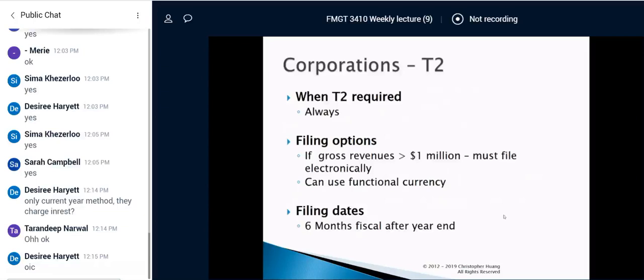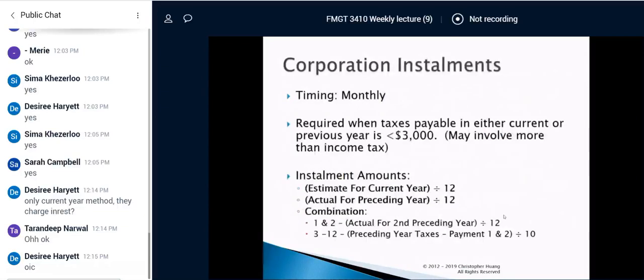Okay, so how do corporate installments work? Number one, you must pay them monthly. So you don't have four payments in the year like individuals. You have to pay every month. Number two, you have to pay them if tax payable in either the current or previous year is over $3,000. Okay.